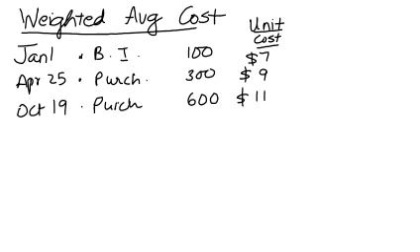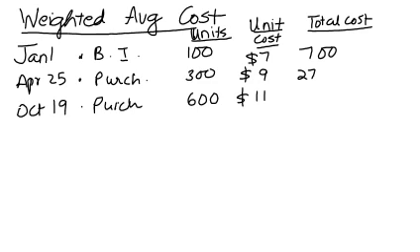So here you have the units and the unit cost, and the total cost of goods available for sale is $700, $2,700 and $6,600.